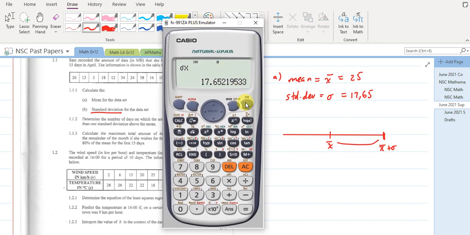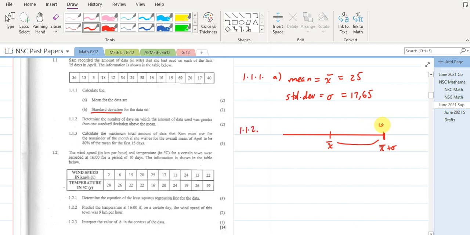Let's add those up. So we're going to say 25 plus 17.65, so we're getting 42.65. So we want all the data which is above 42.65.